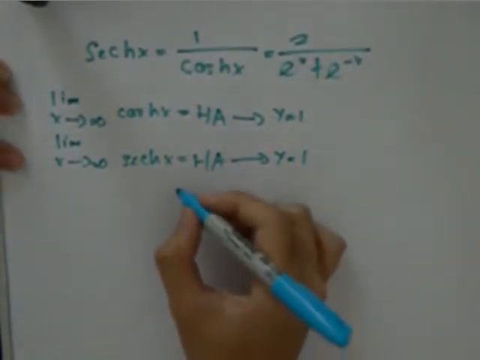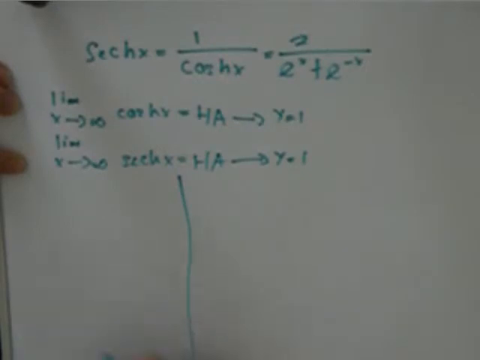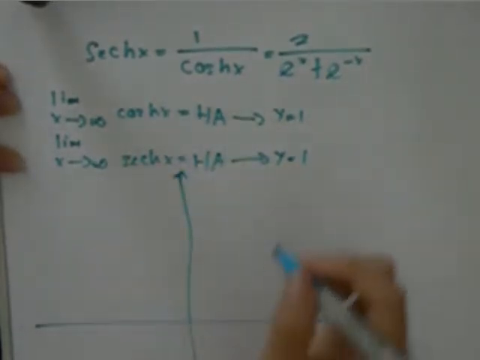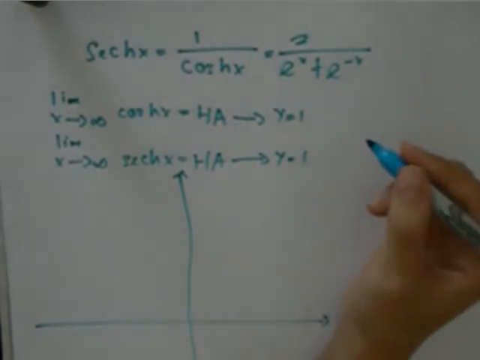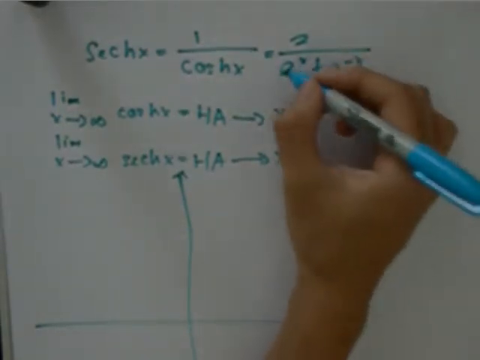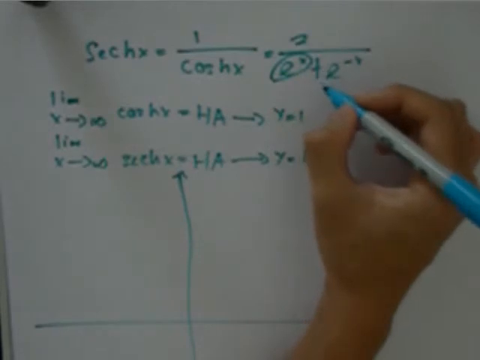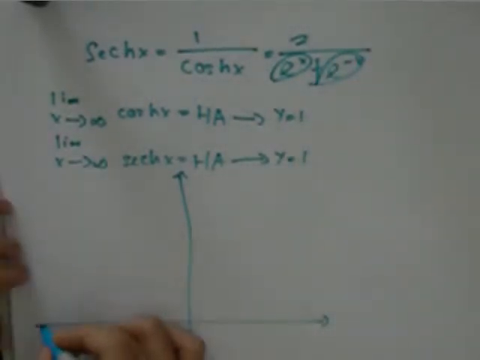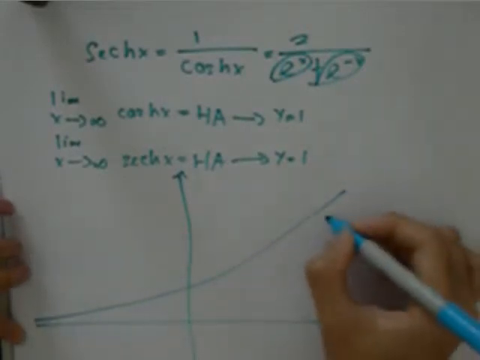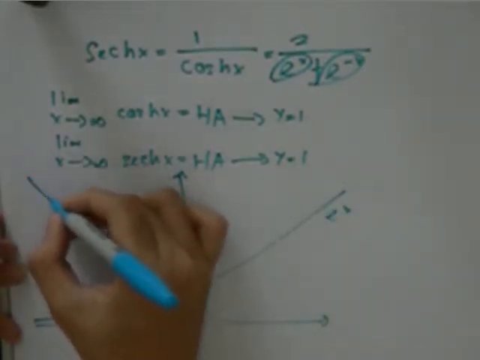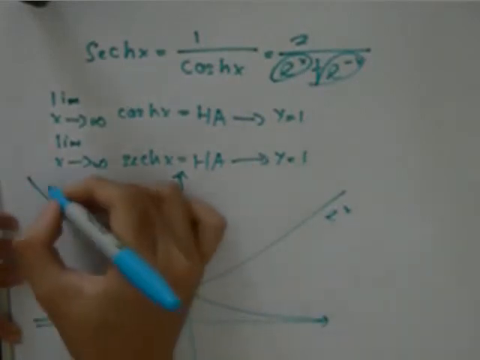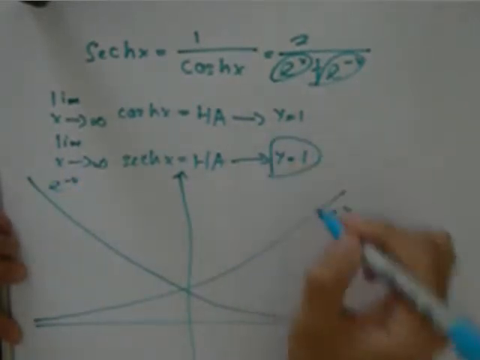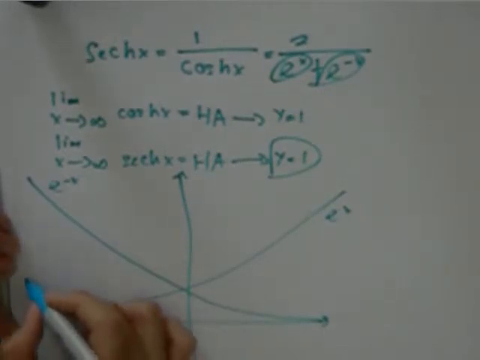With that being said, we can begin to draw our graph. What we do is first take the exponential functions once again found in the equation, in this case e^x and e^(-x), and also our horizontal asymptote y equals 1.